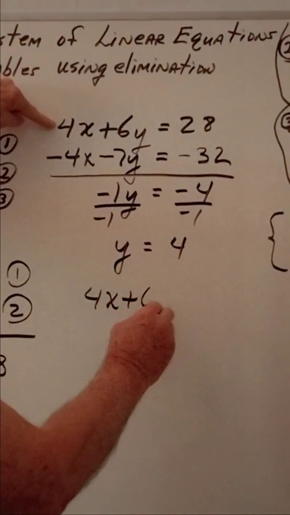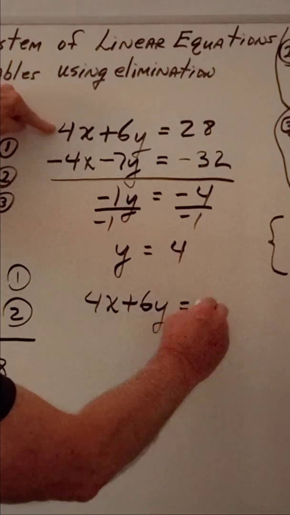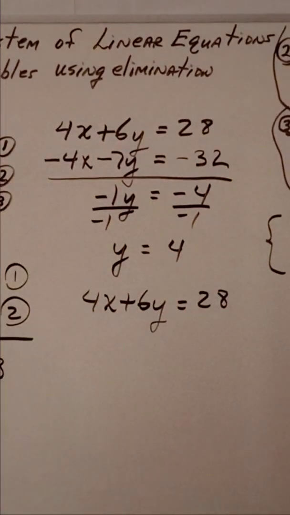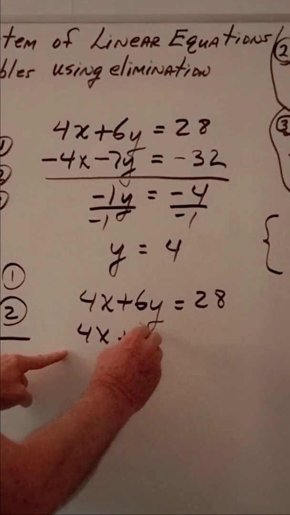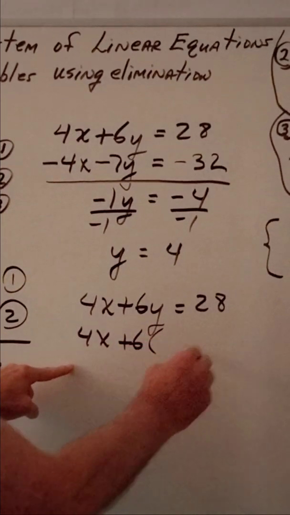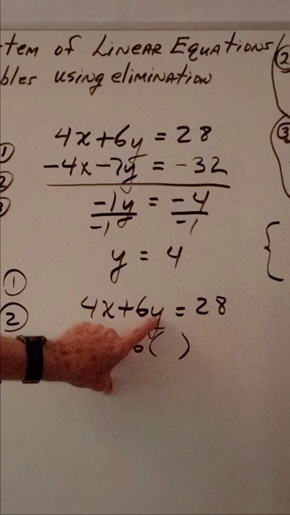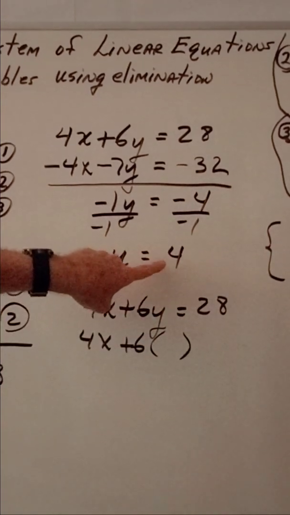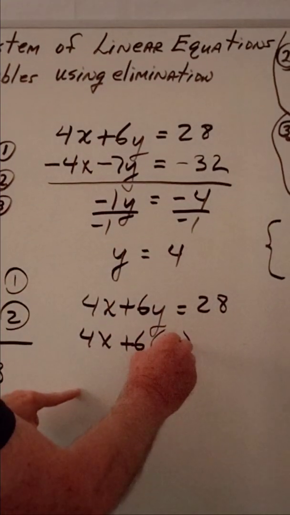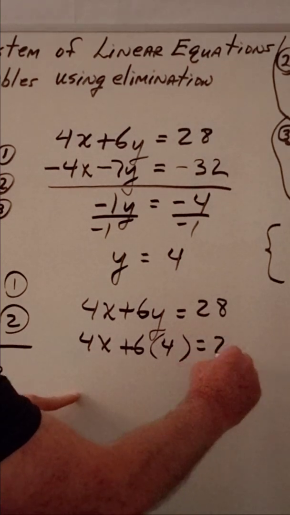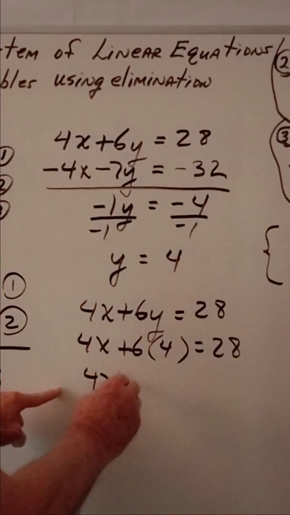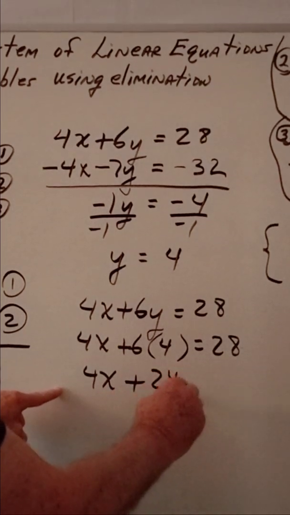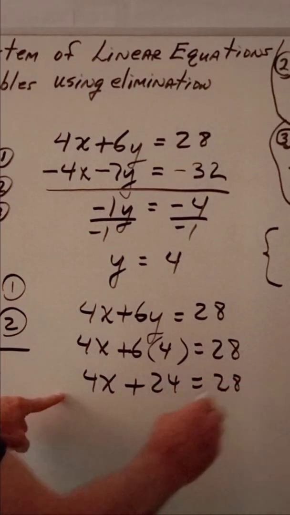4x plus 6y is equal to 28. Bring down the 4x. Bring down the coefficient of 6. Make a house. And in place of y, put the value of y that we just found, which was 4. That will equal 28. Do the mathematics. 4x plus 24 is equal to 28.